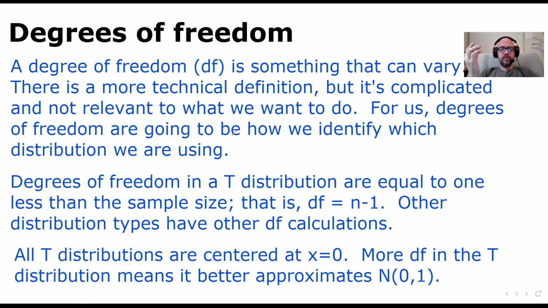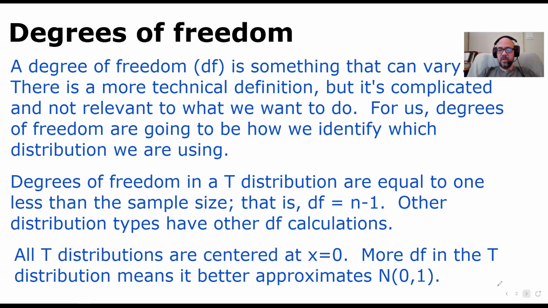That's it. And since T distributions are approximating N(0,1), which has a mean of 0, all T distributions are centered at x equals 0. And again, more degrees of freedom means they look more like N(0,1), less degrees of freedom means they look less like it.